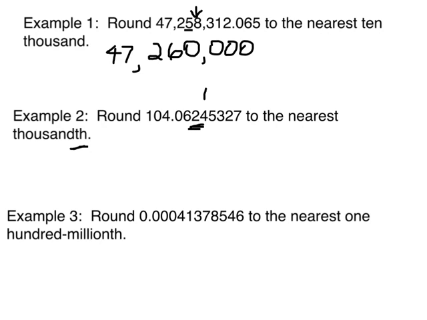And I'm going to look at the next number to the right, which is the 4. In this case, I'm going to leave this a 2 because 4 is not enough to round up. So 0, 6, 2, and then everything else goes away.